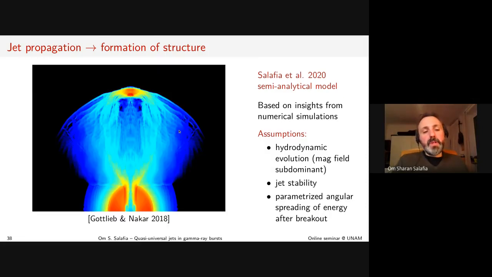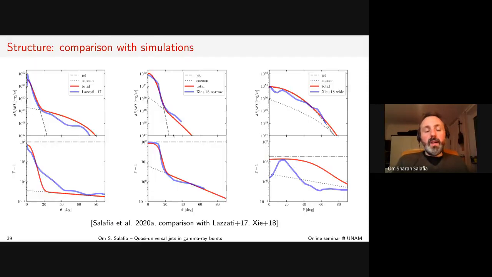And this reproduces quite well what is found in numerical simulations like these from Gottlieb and Nakar 2018. And in this slide, I show you some of the jet structures which are obtained from numerical simulations by two different groups. One is from Davide Lazzati and collaborators 2017, and one is the MacFadyen group. And these are two-dimensional hydrodynamical simulations.